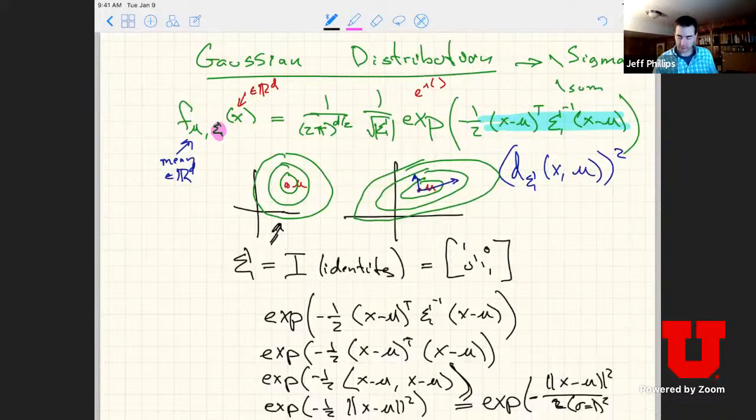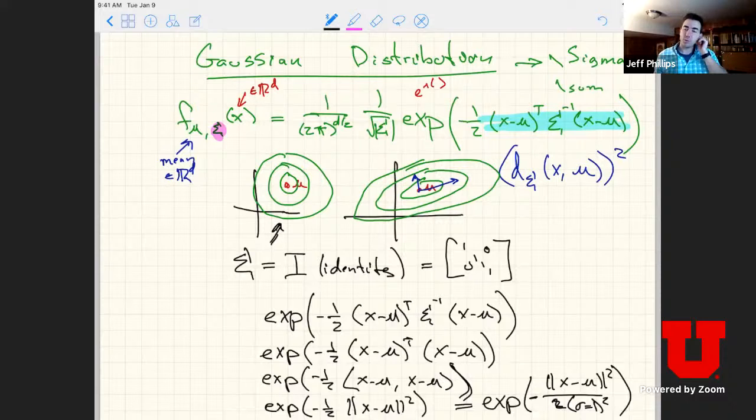So if I had sigma equal to 1 before, then that sigma disappears. This was the form we had before. So this is just the case when I don't have any scaling at all, and I'm recovering what we had before in this Gaussian interpretation.